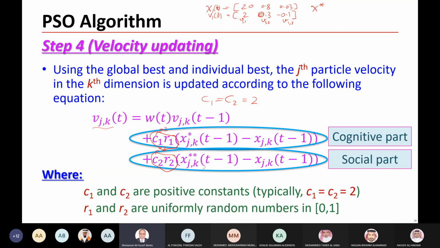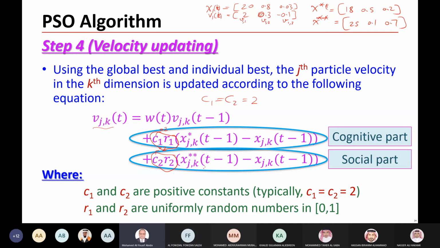So this is the position or the local best, for example 18.5 and 0.2, and the global best could be, for example, 25.1 and 0.7, whatever.